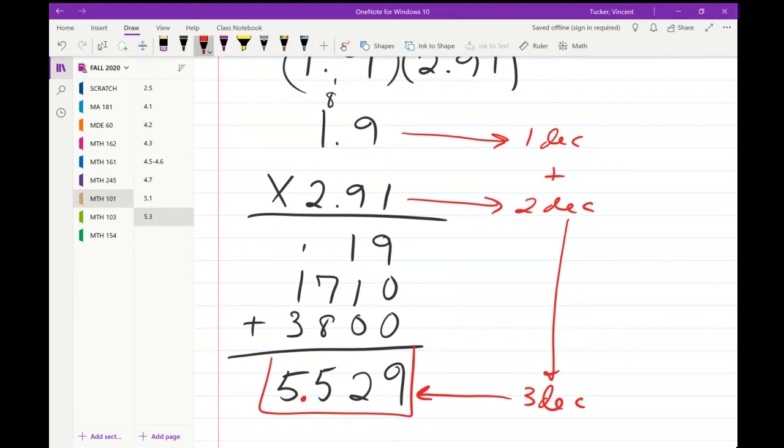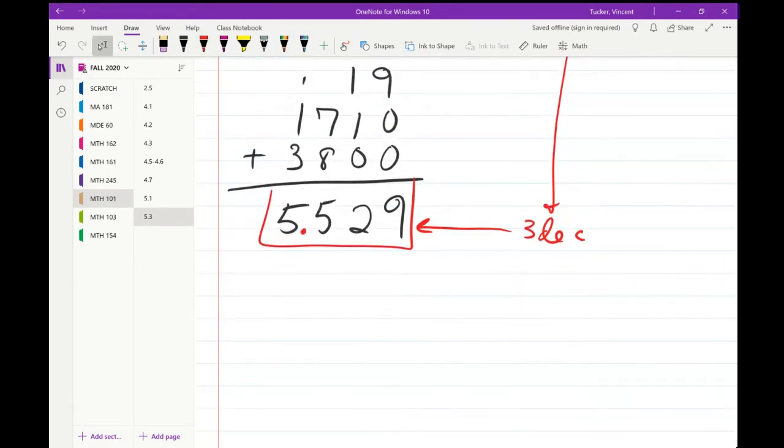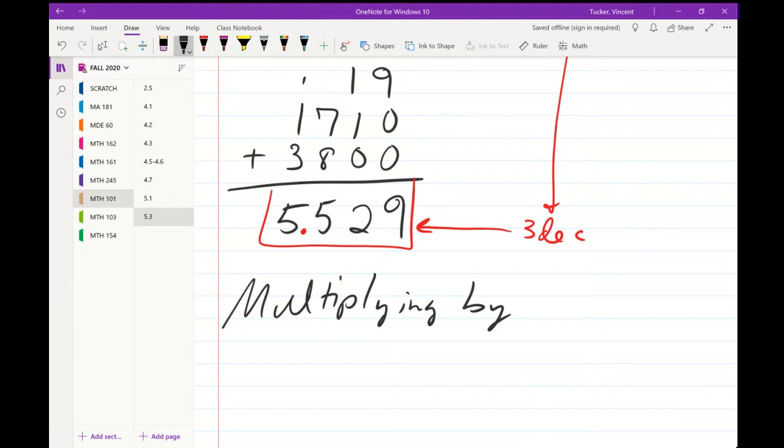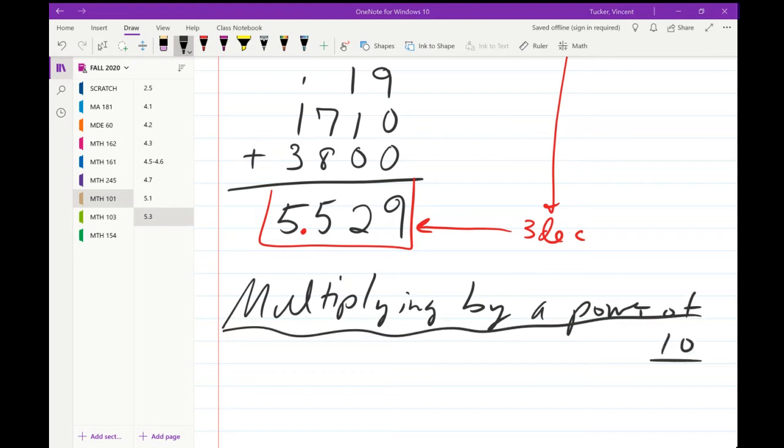All right. Any questions? How do you know where to move the decimal place?